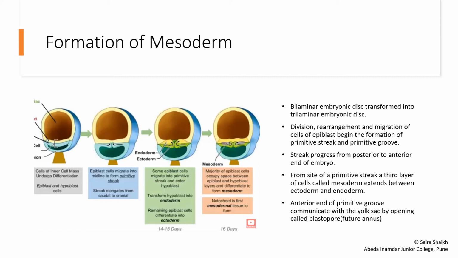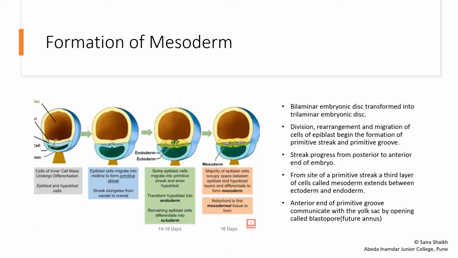The floor of the amniotic cavity, where the columnar or pyramidal cells are present, differentiates into the ectoderm. So up till now we have studied the bilaminar embryonic disc formation and the formation of ectoderm and endoderm. Now we'll see the next germ layer, that is the mesoderm formation.